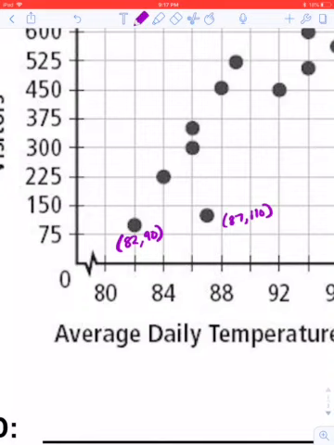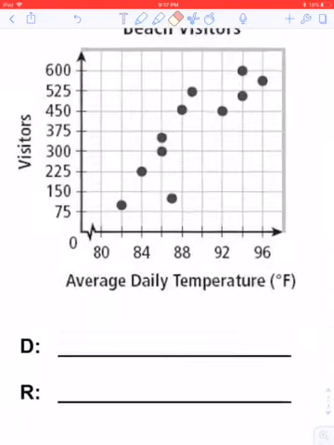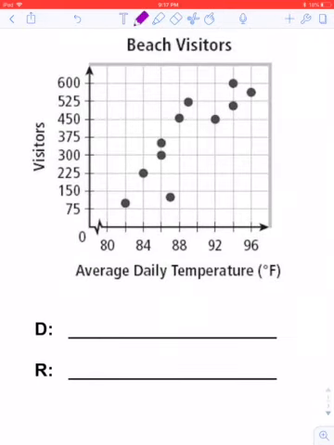Or I could just use the graph itself rather than writing every single point out. So if I know the domain is the x values, right? Well, that means I need to focus on my x-axis down here, okay? So when I go point by point, I'm going to look to see which x values from the x-axis are being used. So for example, I'm looking across here and I see this point is using this x value of 82. That is the first value in my domain.